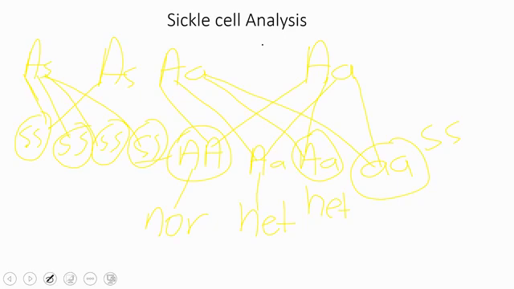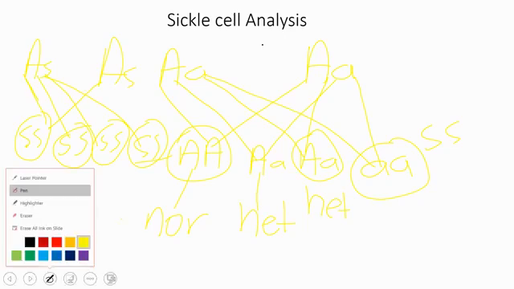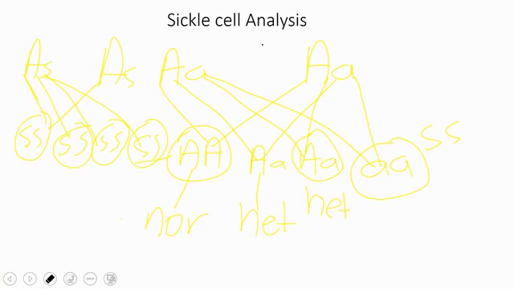They will have sickle cell anemia. They will suffer from sickle cell. So that's the misconception I wanted to clear. And in case you do not get anything clear, I am still here to answer any question.